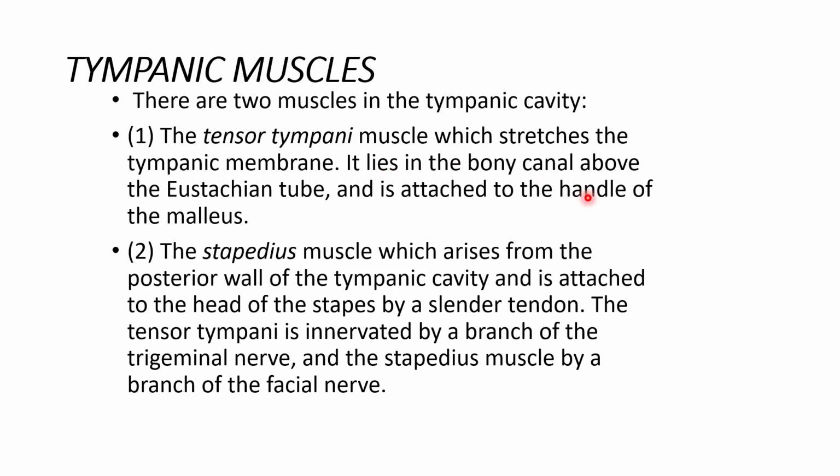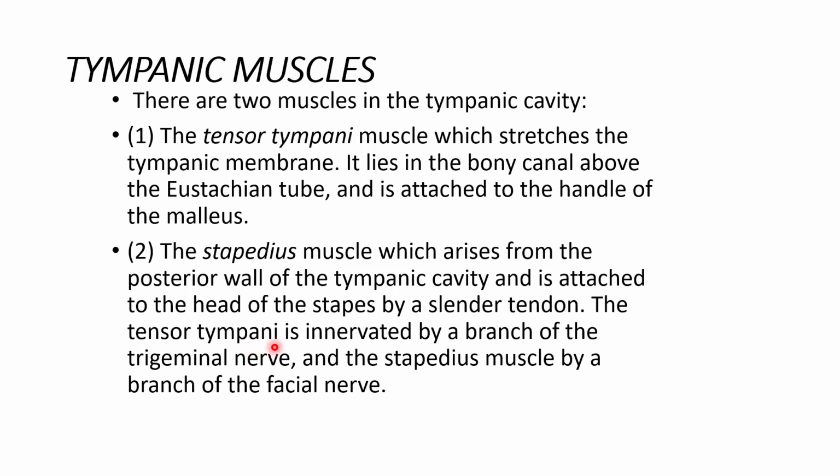It lies in the bony canal above the eustachian tube and is attached to the handle of the malleus. And the other muscle is the stapedius muscle, which arises from the posterior wall of the tympanic cavity and is attached to the head of the stapes by a slender tendon. Stapedius, as the name implies, gets attached to the stapes, the head of the stapes.